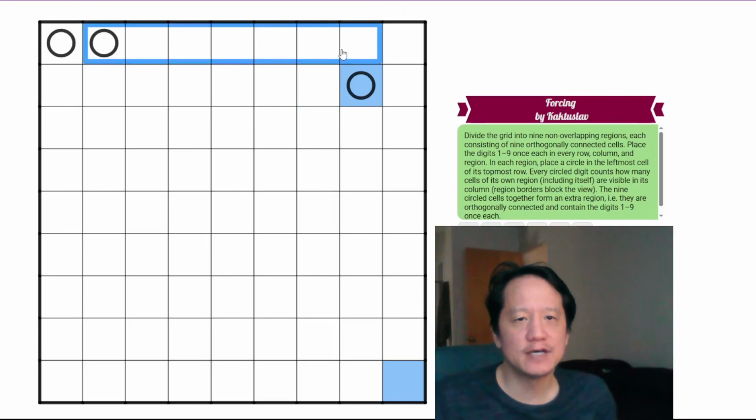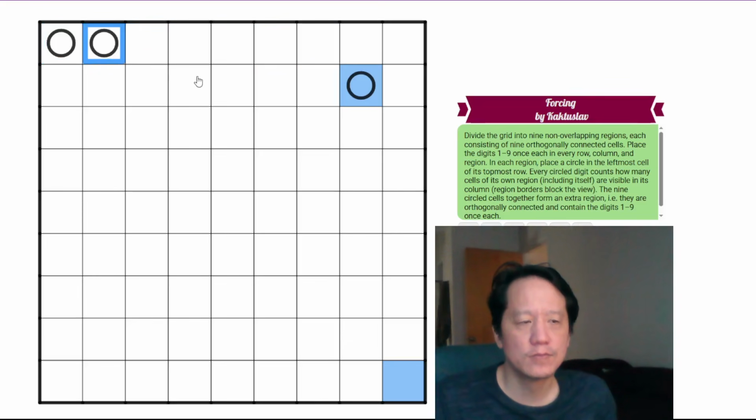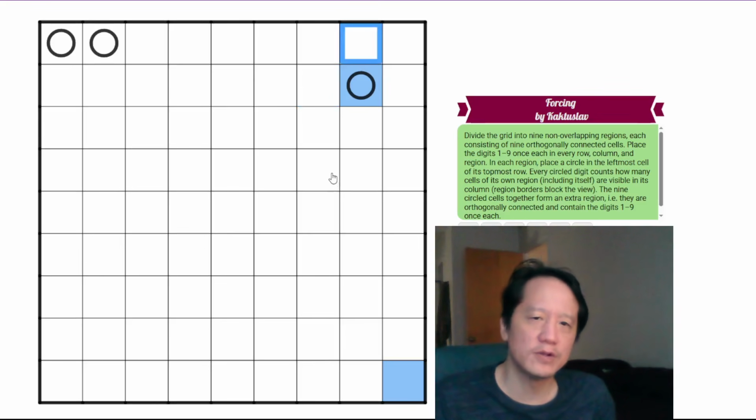So the one that's on top has to have a 1. We could drop there. We could drop any of these. We can't drop here. So if we go here, this has to go around here. And then these are all straight down.